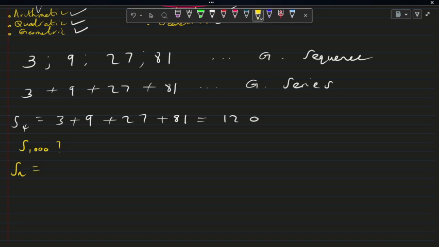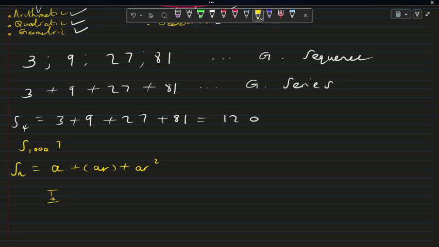Okay, so let's consider a general case. In a general case, the first term is a, the second term is ar, the third term is ar squared. Remember that when we spoke about geometric patterns, we said that there is a constant ratio that we call r.